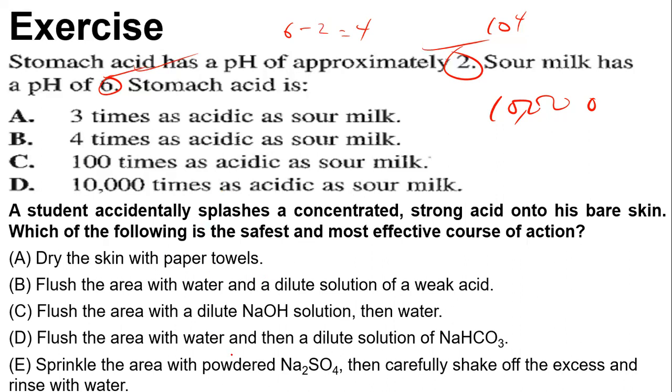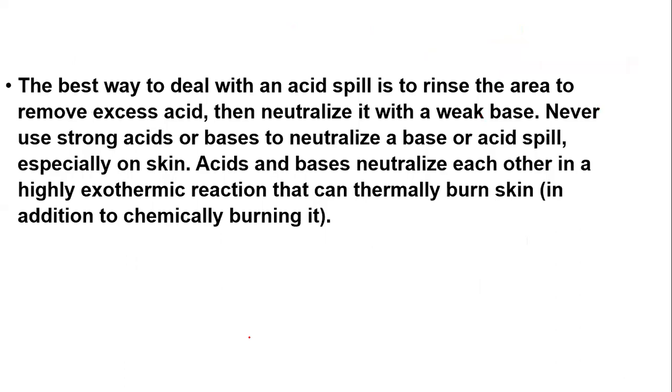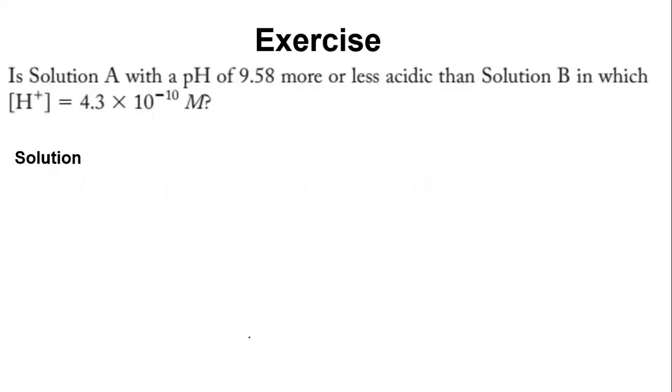So this makes a lot of sense, actually. The last one doesn't make sense, so just skip it. Good. So you can read through this one. The next question. The solution A with pH of this.